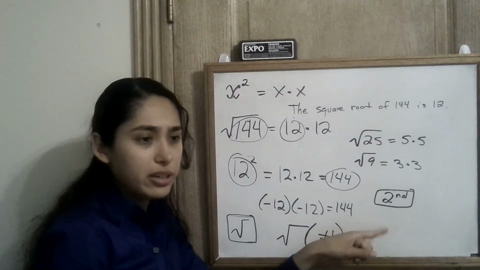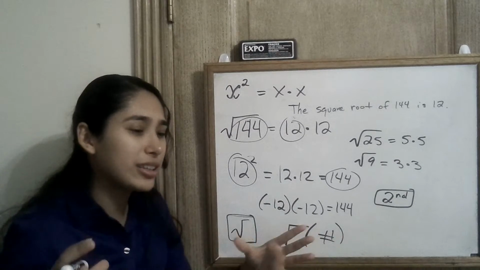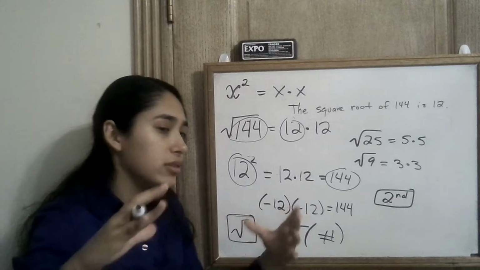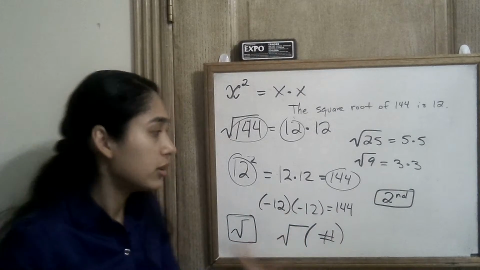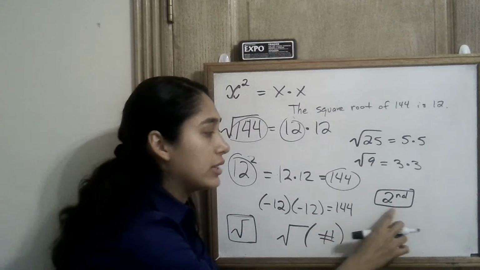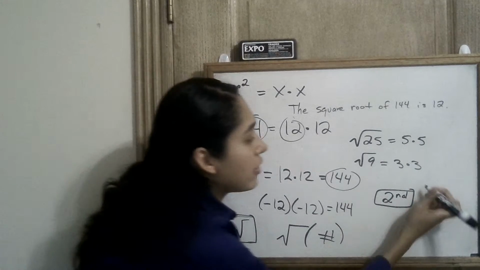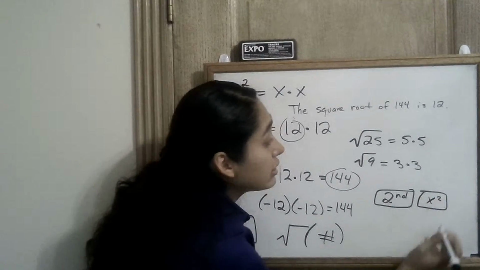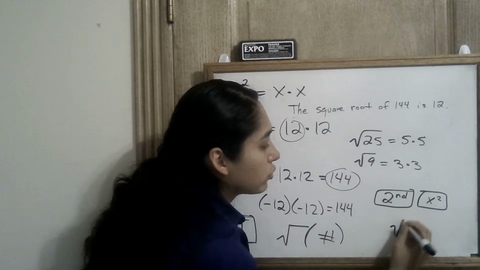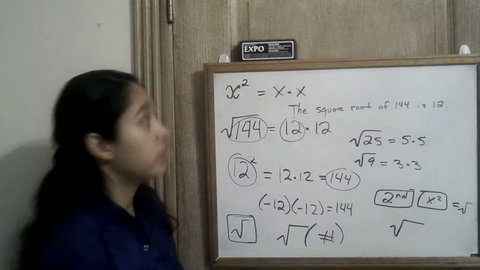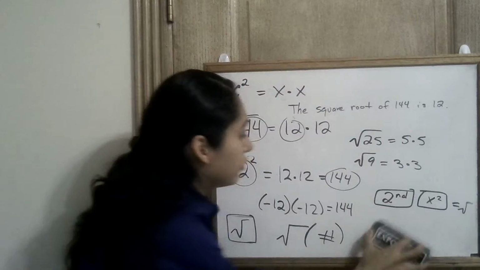Same concept here. If we had a big calculator and only one button per thing, we'd have to carry a huge thing, and it'd be very inconvenient. So this is their version of the shift key. It's called the second key, and then you can press the x squared, and this is notation for a square root.